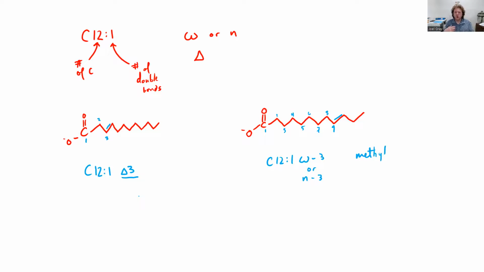When you have what's known as a monounsaturated fatty acid, with a single double bond on the fatty acid chain, it's a matter of deciphering where that is likely to be found. Am I starting from the methyl end, in the case of the omega or N numbering scheme, or am I starting on the carboxylic acid end, in the case of the delta scheme? Now, if we look at a polyunsaturated fatty acid, it gets a little bit more complicated.